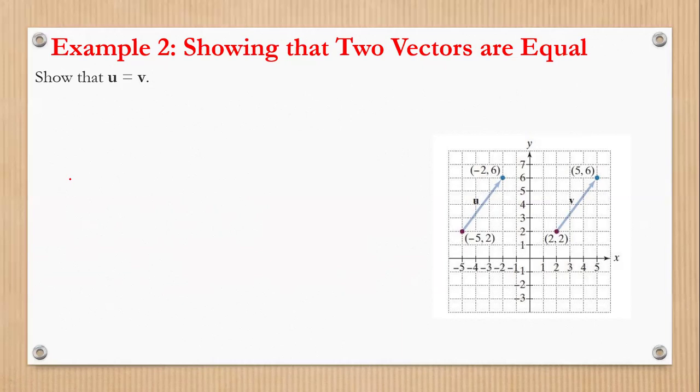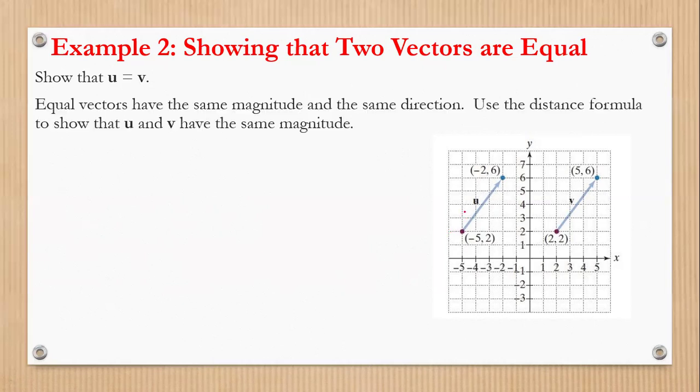We need to find their length, but we have the initial and terminal point. So it means that we need to find the component of each vector first, and then use the square root of a squared plus b squared.